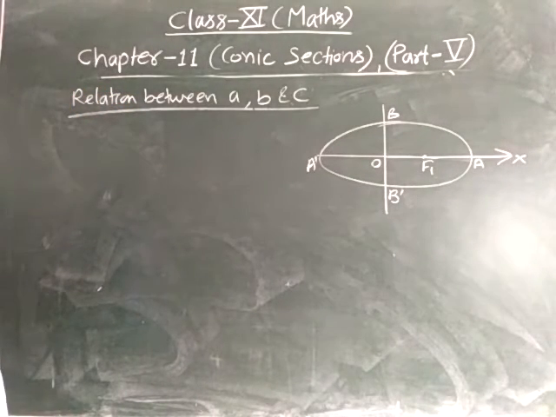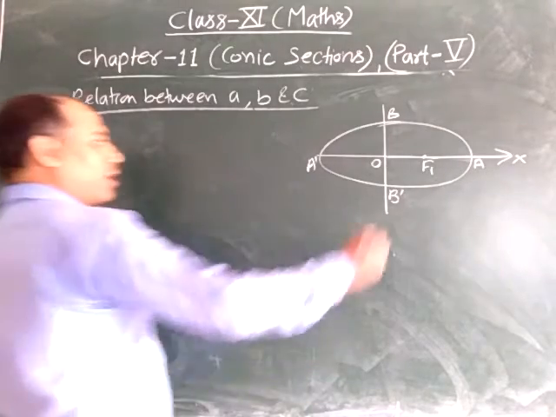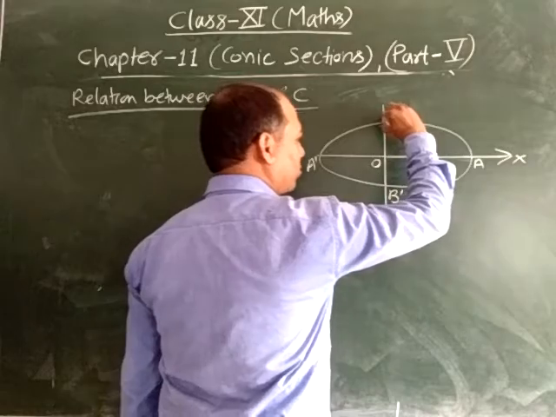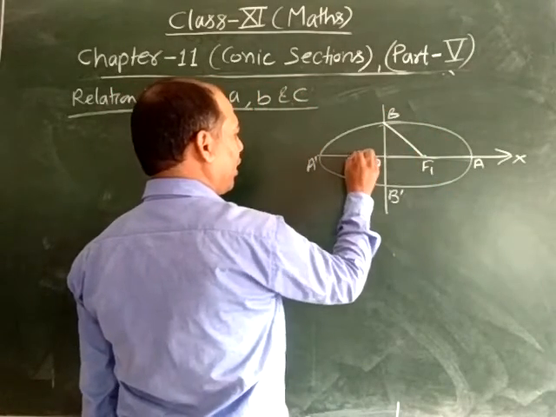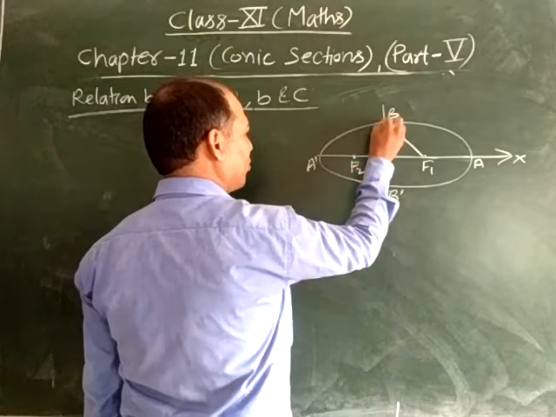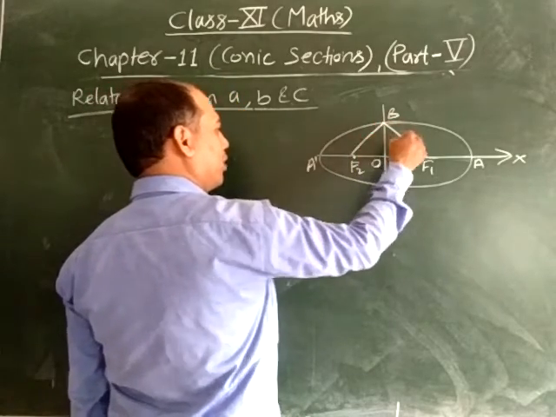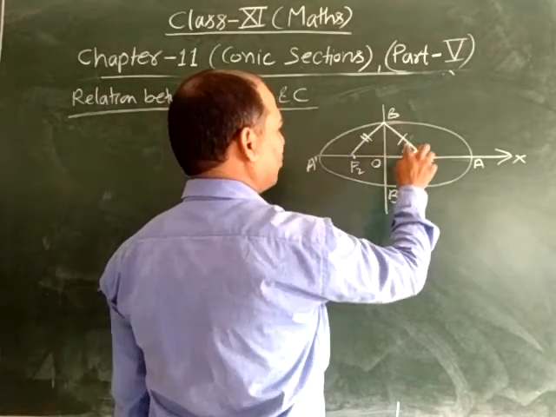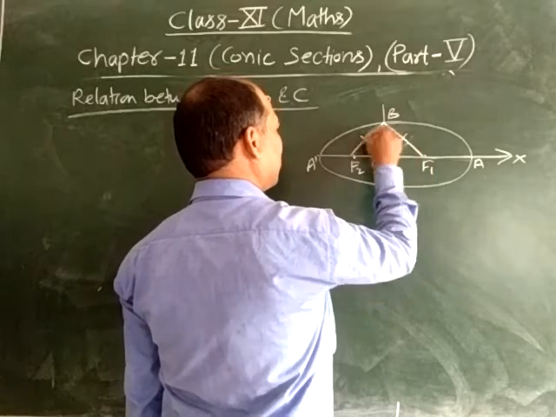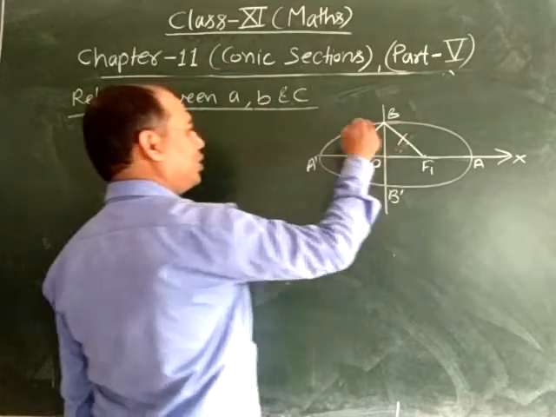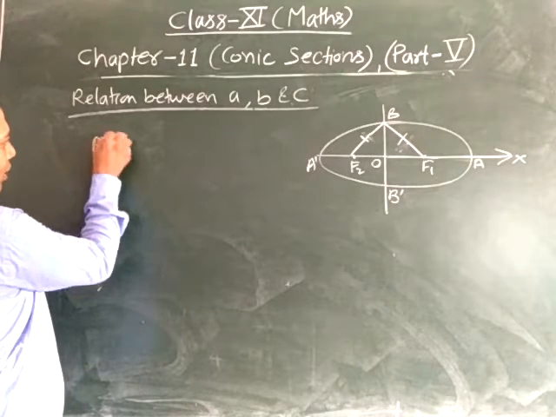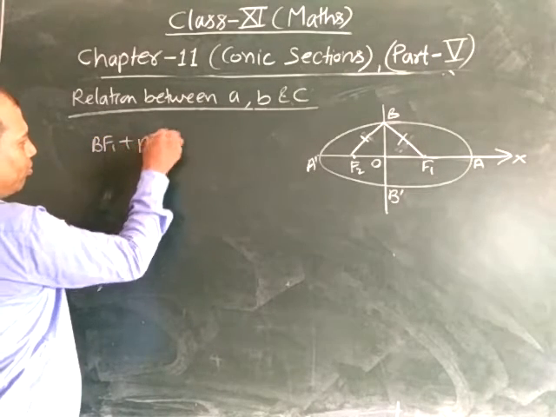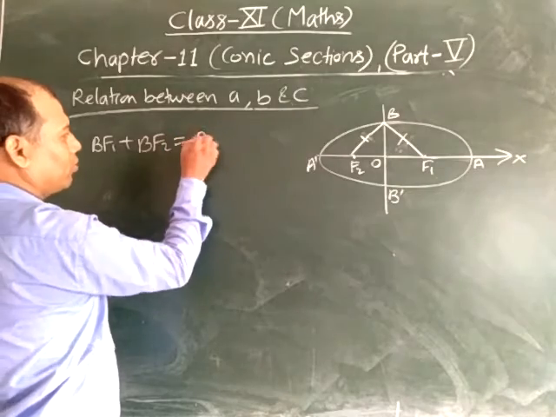Now for finding the relationship between A, B and C, consider a point B on the ellipse. The sum of the distances of point B from F1 and F2, that is BF1 plus BF2, becomes constant, which is equal to 2A.